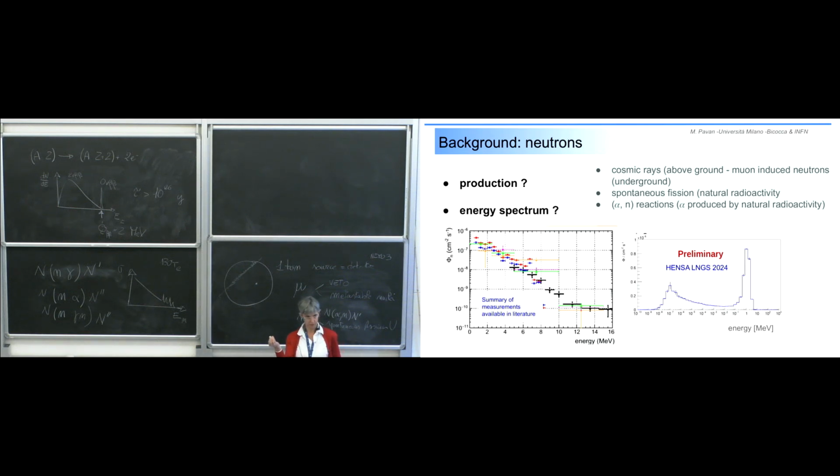You place your sample there for a while, and this is activated. And then you put it typically on a germanium detector, and you detect gamma rays. In this way, you understand which are the metastable nuclei that have been produced in the sample.